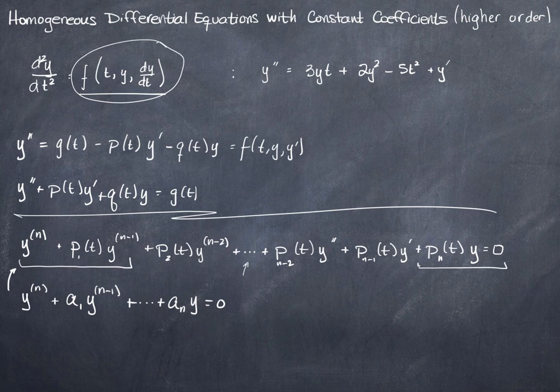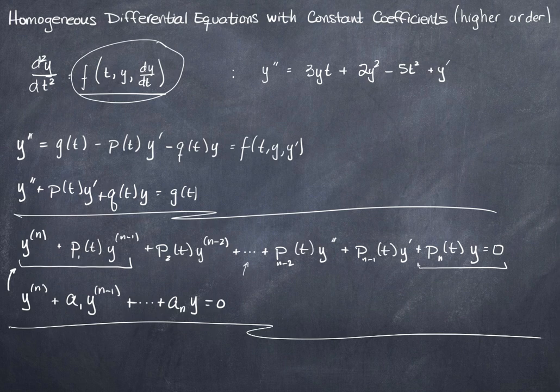If we now recall from chapter 3 the solutions to a second order equation, specifically example 1 in our textbook in section 3.1 asked us to solve this equation, and we did it by noticing that if we take a function that's going to be our solution, y equals some function, and we take its second derivative, when you subtract the original function from its second derivative, you get 0.